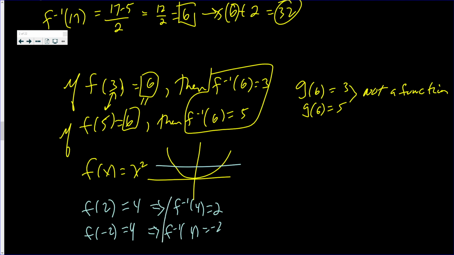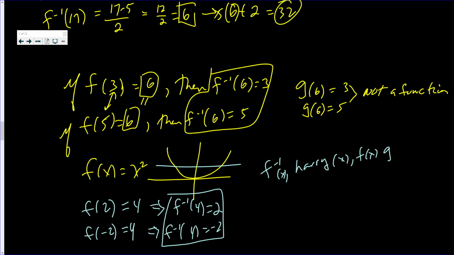Wait a minute. We can't have a function evaluated at 4, whether its name is f inverse or Harvey. Whether it's f inverse of x or Harvey of x. Doesn't matter. Or f of x or g of x or alpha of x. Doesn't matter what we call the name of the function.